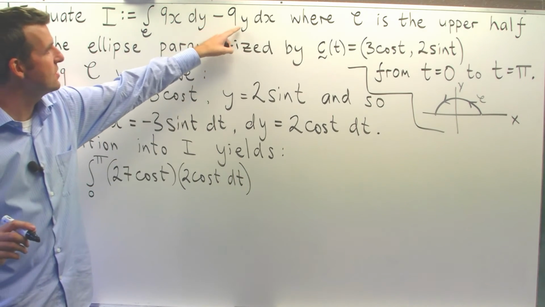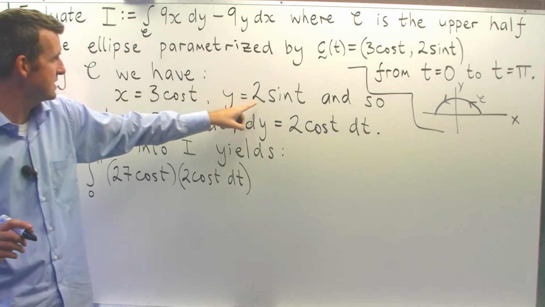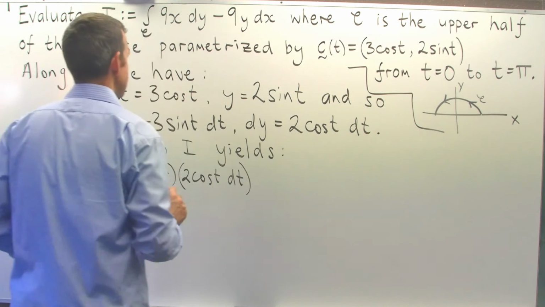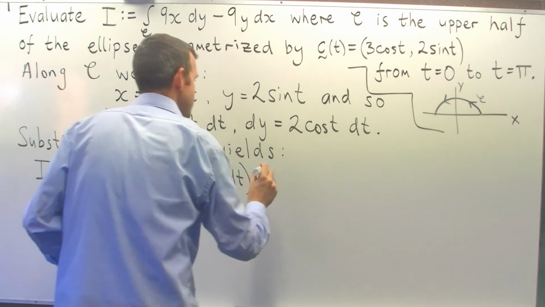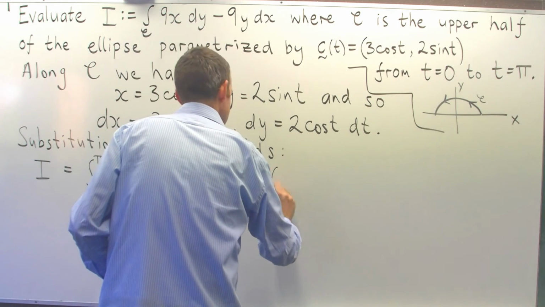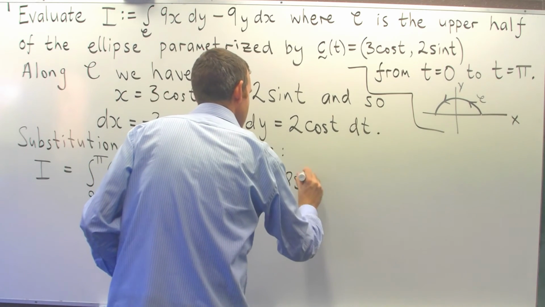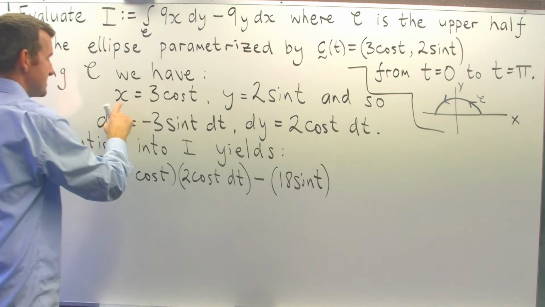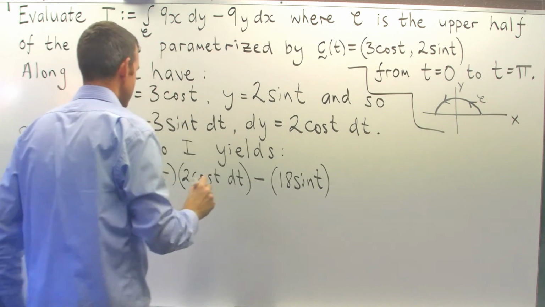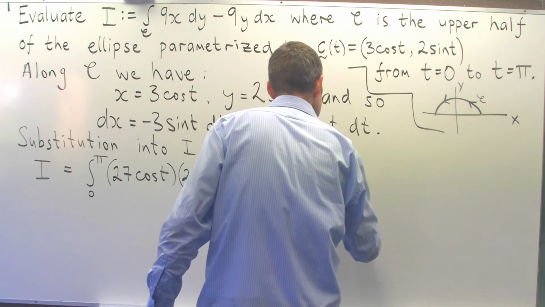And then minus 9 times y, which is minus 9 times 2 sin t, and substitute for that dx, which is going to be minus 3 sin t dt.